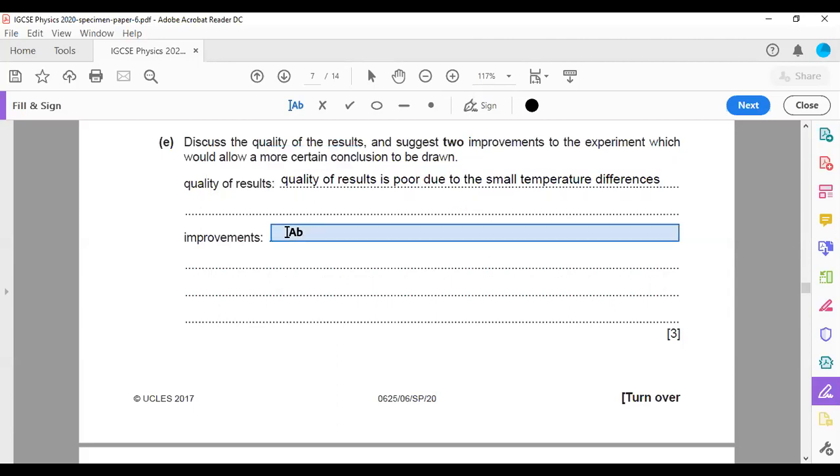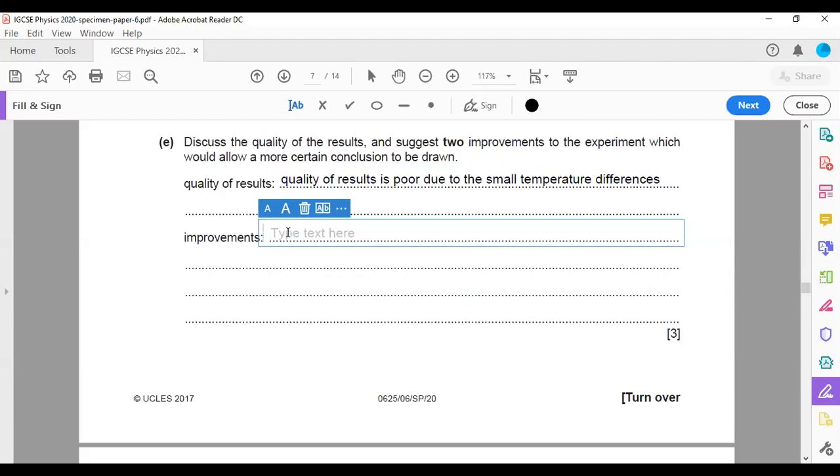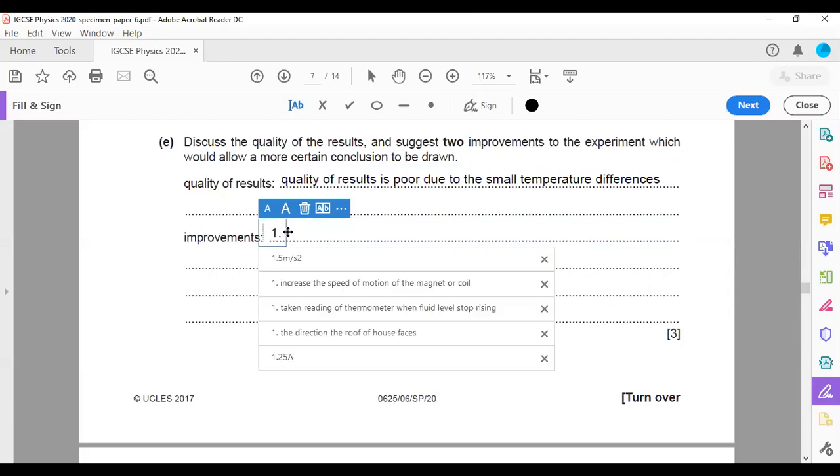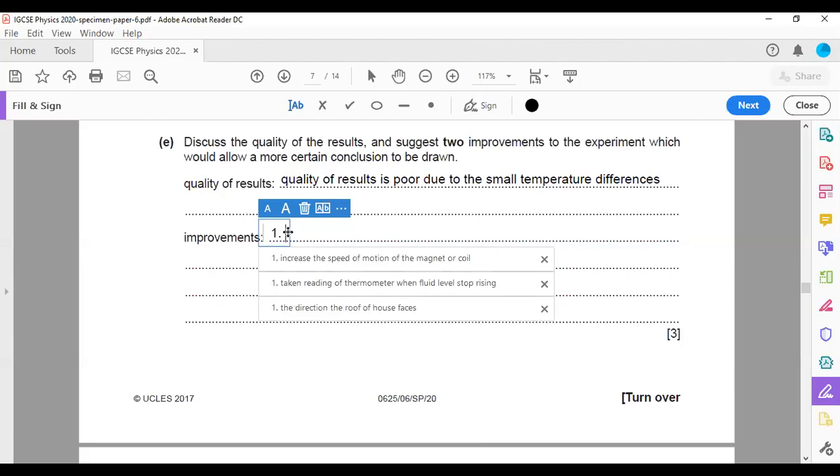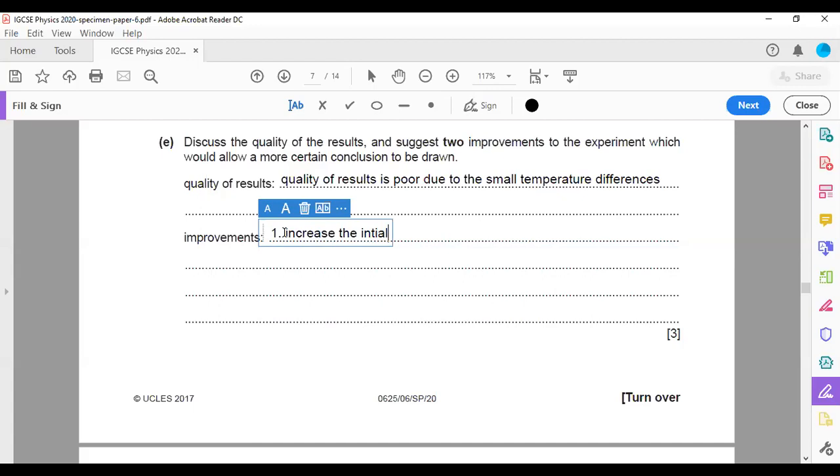Good. And how are we going to improve this? Well, the first one, we could improve it in a number of ways. How we could improve this experiment to be much more accurate is to increase the initial temperature of the hot water.